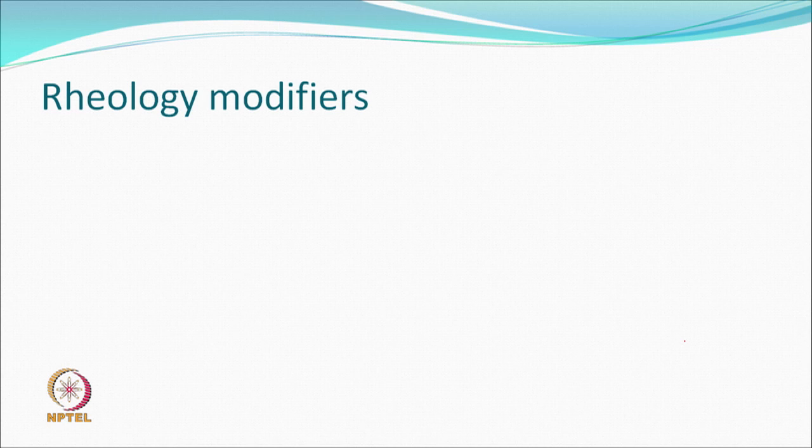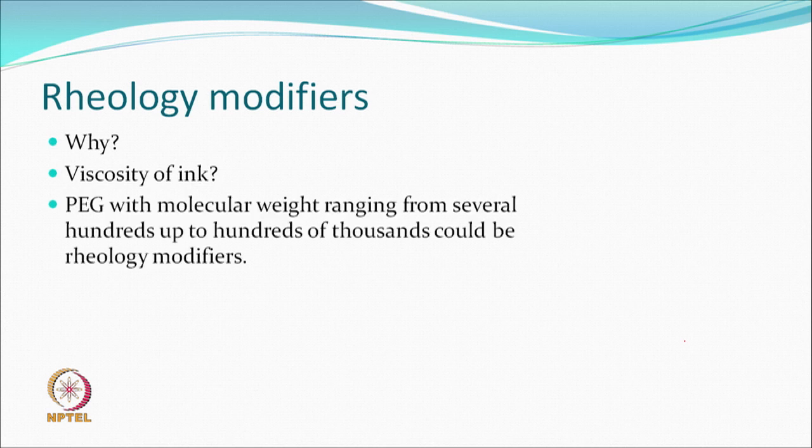So, we just talked about some polymers being added. These are also called rheology modifiers. We just understood why they would be needed. Maybe this would help us to reduce the satellite drop formation. Viscosity of the ink will change a bit, of course, but not so much, just small changes will take place.